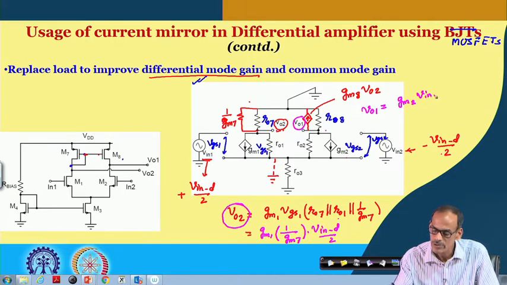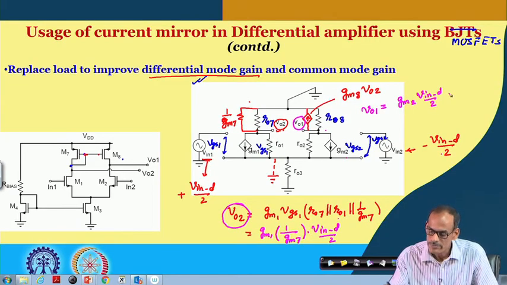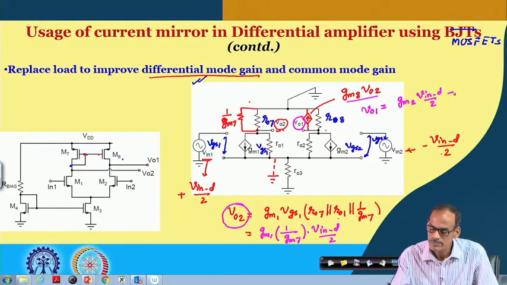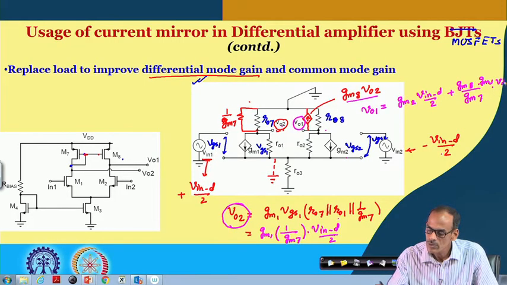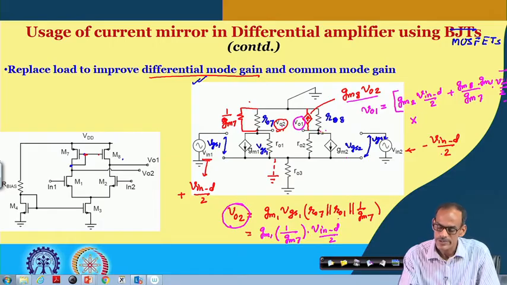You can say simply Vind by 2 multiplied by the resistance here, but also we have this current which is equal to GM8 into this voltage, and this voltage is GM1 divided by GM7 into Vind by 2, and this is multiplied by the resistance here.